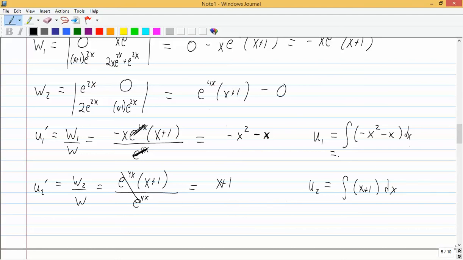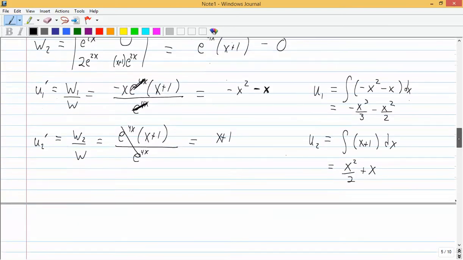Alright, so u sub 1 is going to be negative x cubed over 3 minus x squared over 2. Don't worry about the c. We got that covered. Alright, and u sub 2 is equal to x squared over 2 plus x.